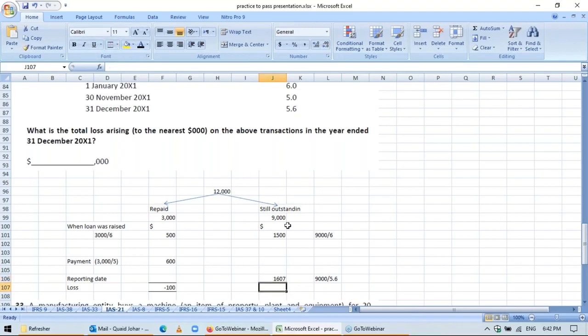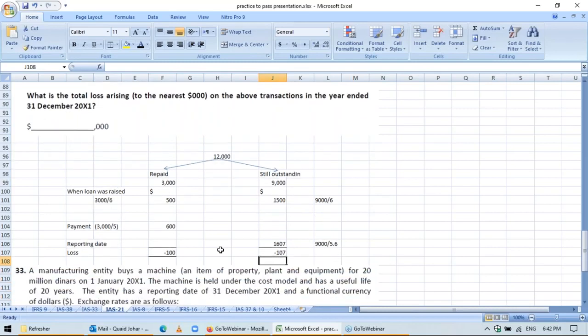So this now results in a loss. The liability has increased, and if the liability increases, you are incurring a loss. So there's a loss of 107. So in total, to sum these two, the loss is 207. So the correct answer is 207 loss.